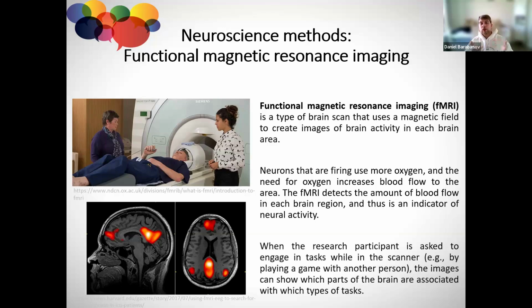This information can be used later to understand the connections between different brain areas and structures and different psychological, mental processes. Actually, quite a nice technique. The only problem is that buying an fMRI can be very expensive, so not all laboratories, unfortunately, have this type of equipment.